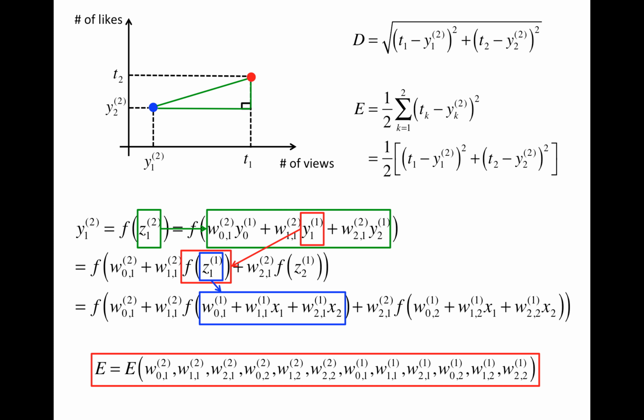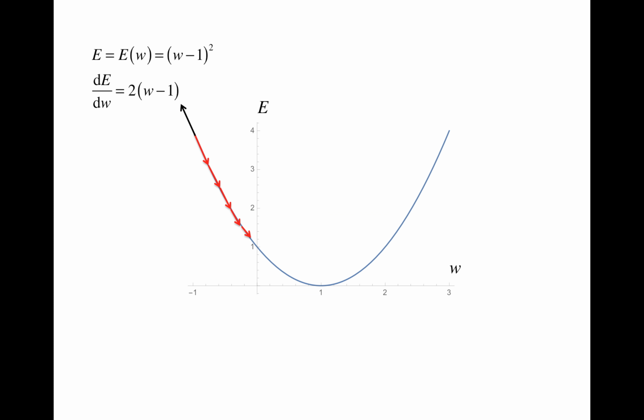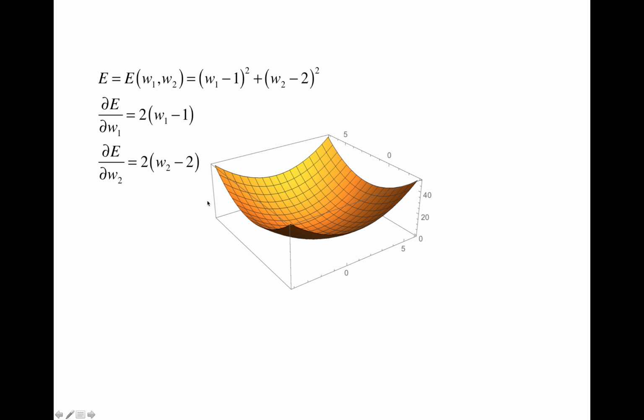So the question is whether we can come up with an algorithm to evaluate those derivatives in a systematic way, that's applicable not just to very simple situations, but also to problems of extreme complexity. We will still use our very simple neural network as an example to demonstrate this algorithm.